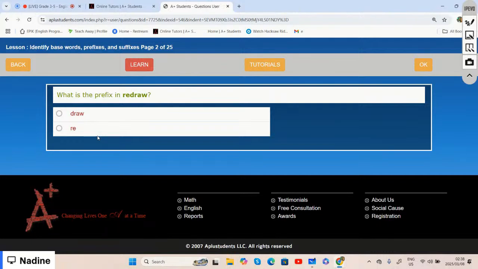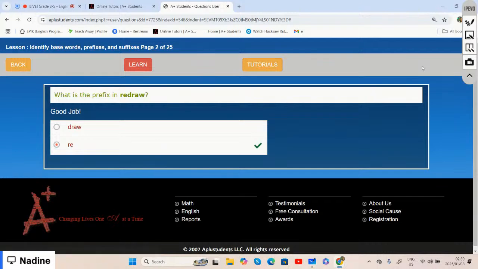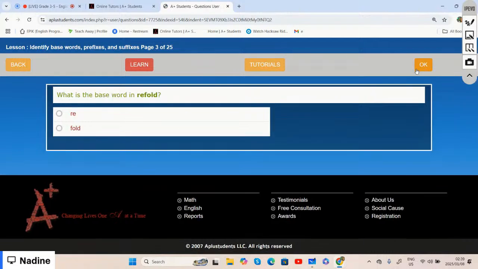And if we were to select the prefix of that word, yes, re is the prefix. Well done. Option two is correct.